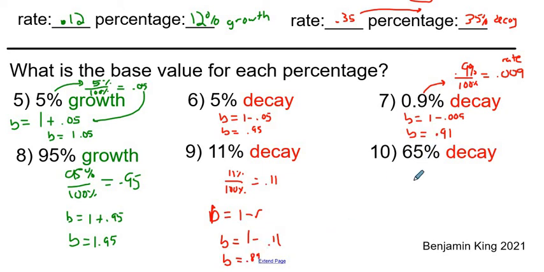Okay, and then our last one is 65% decay. So that's a big decay. And so 65% decay would have a rate value of 0.65. And the actual decay rate, the actual B value would be 1 minus this value. So the B would be 0.35.